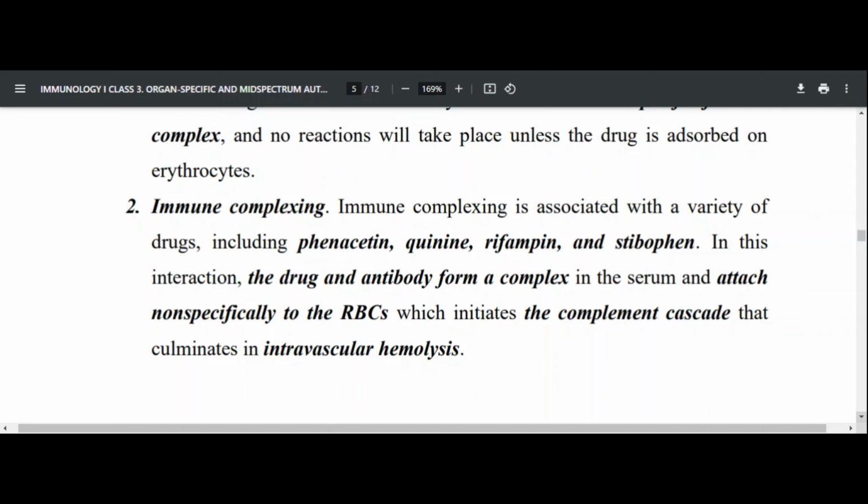Then the complex is going to attach non-specifically to any RBC around in the blood, and this attachment of the complex to the RBCs is going to initiate the complement cascade. Of course, the complement cascade is going to end up destroying red blood cells because of the membrane attack complex that forms at the end of complement cascade activation. So that's what you call intravascular hemolysis.